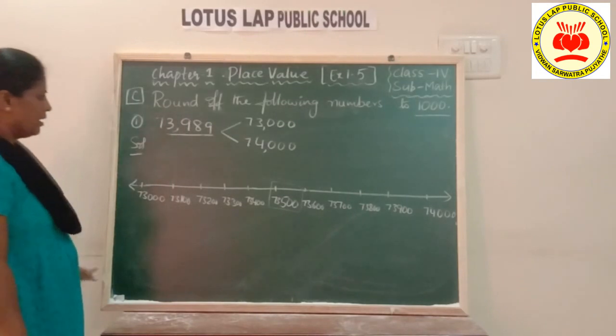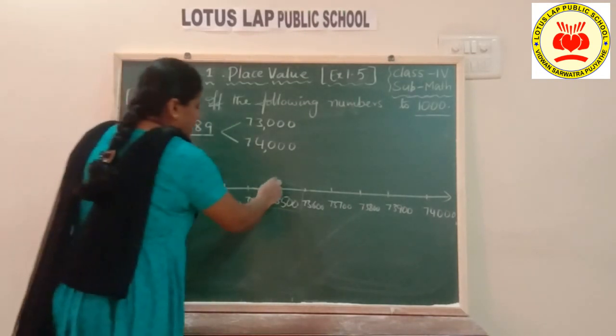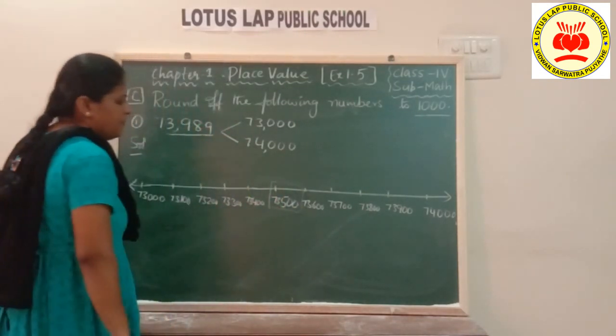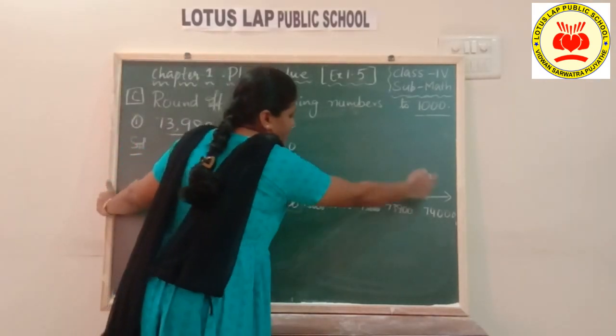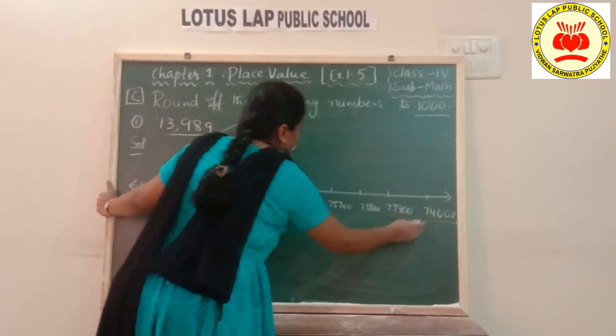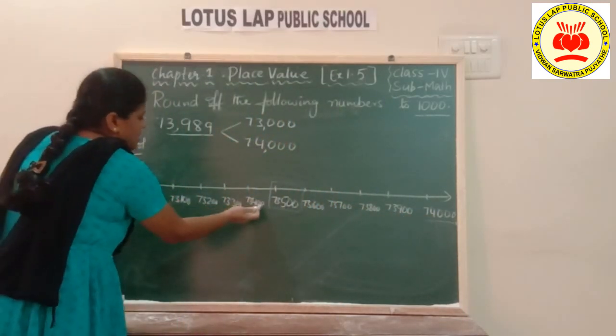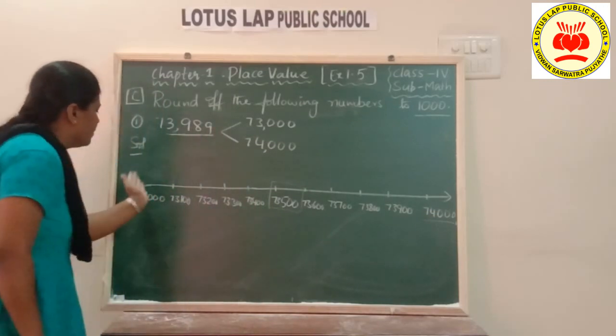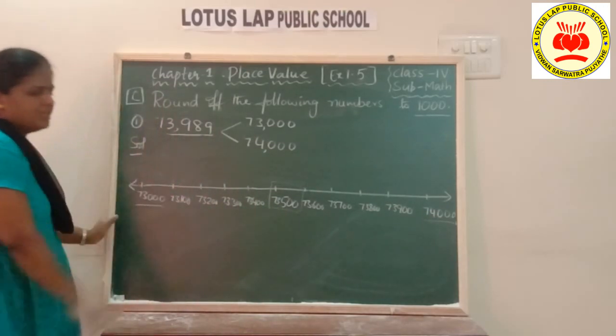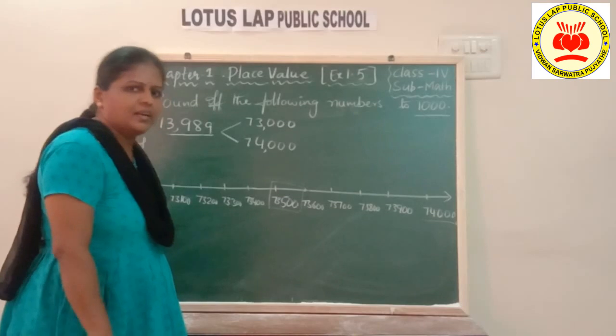Now, as I said, this 73,500 is the middle number. The numbers starting from this number and above are always rounded off to the right extreme. The numbers which are less than this middle number are rounded off to the left extreme. Okay, this is one simple logic you can remember, children.